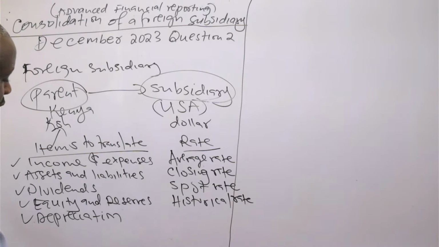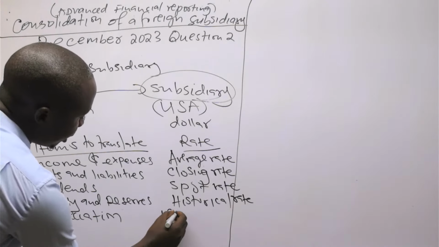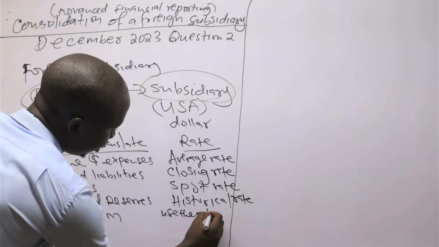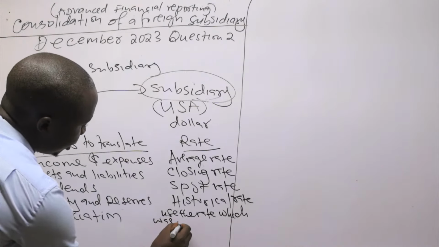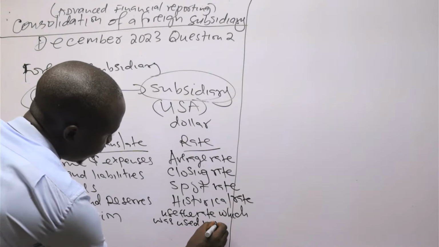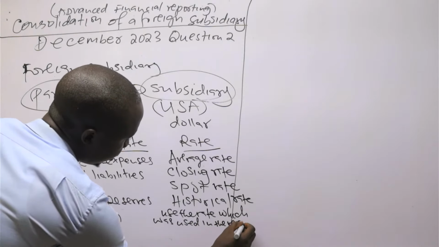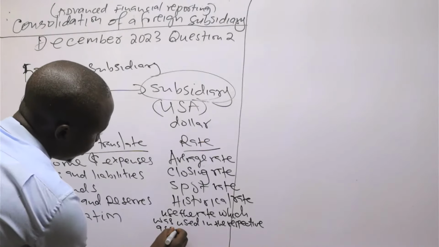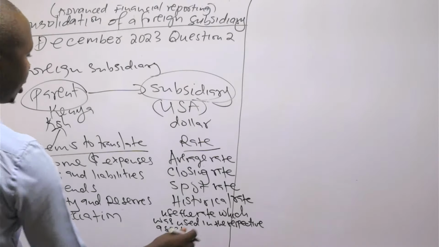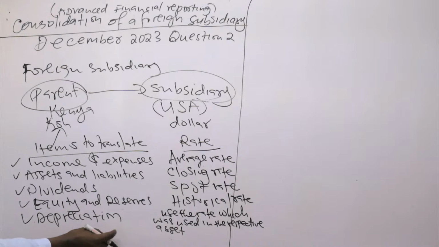Then for depreciation, use the rate which was used in the respective asset. The rate which was used to translate the respective asset, which has been depreciated.